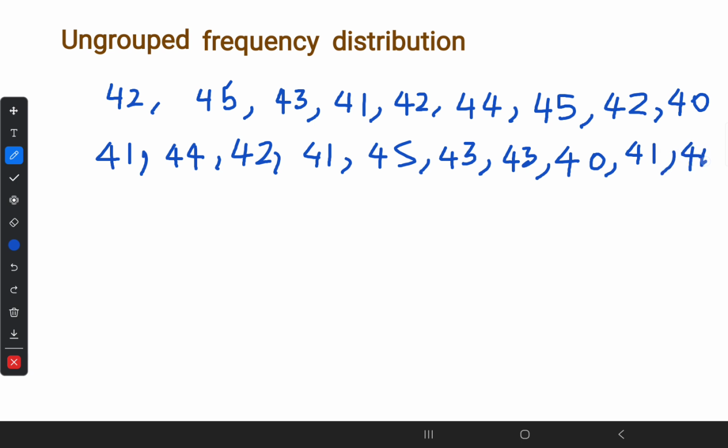This is the weight, the mass, of a number of students in grade 9.